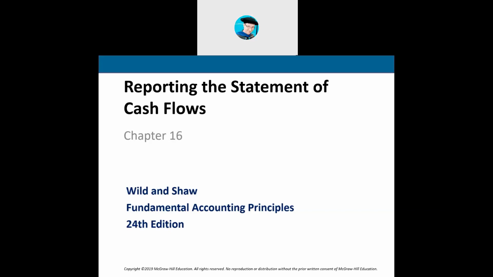The fourth statement is the statement of cash flows. The statement of cash flows represents all of the actual cash coming into and out of the business. Cash inflow minus cash outflow equals net cash flow. And there are three primary reasons why cash comes into and out of the business.